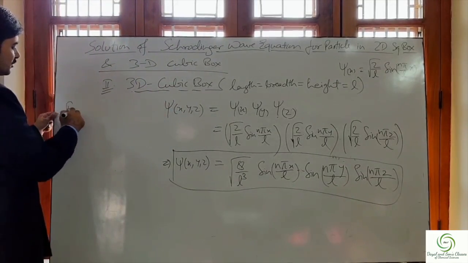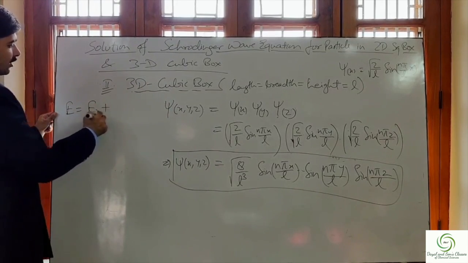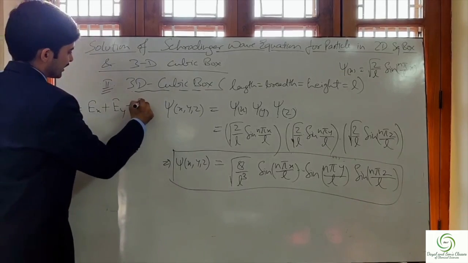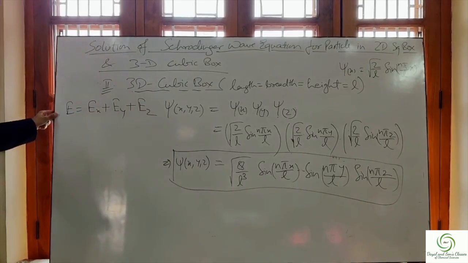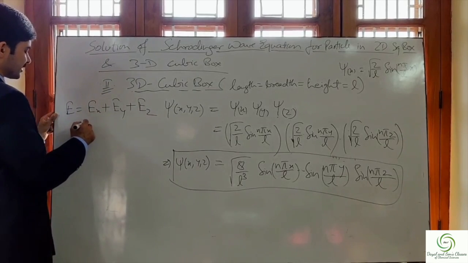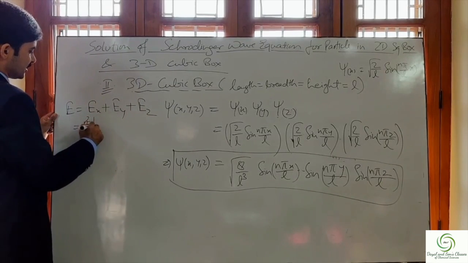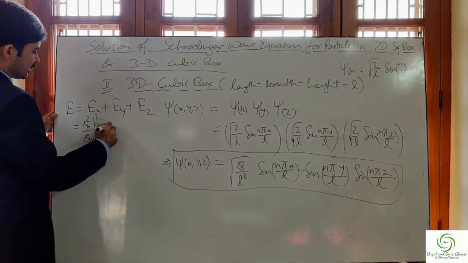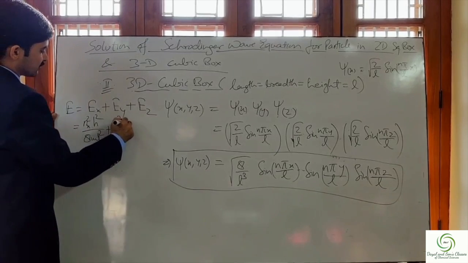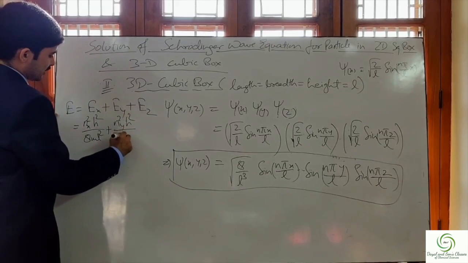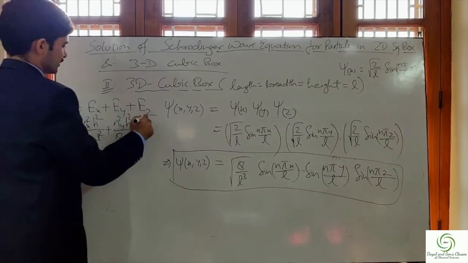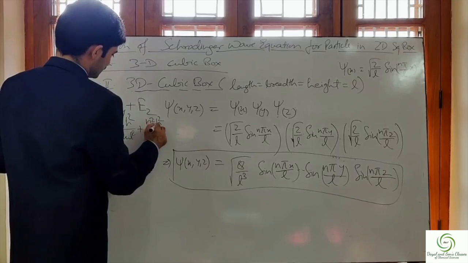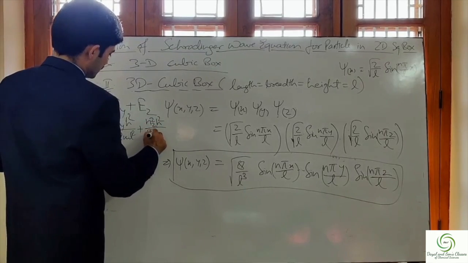Energy will be equal to energy along the x component plus energy along the y component plus energy along the z component. Energy along x is nx square h square upon 8 ml square, plus along y it will be ny square h square upon 8 ml square, plus along z it will be nz square h square upon 8 ml square.